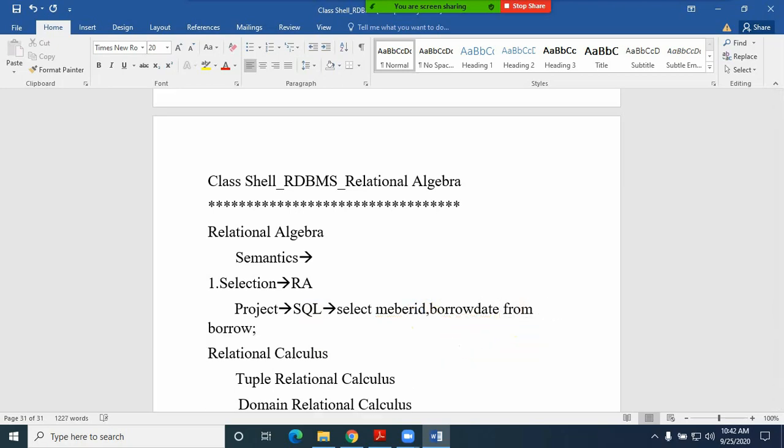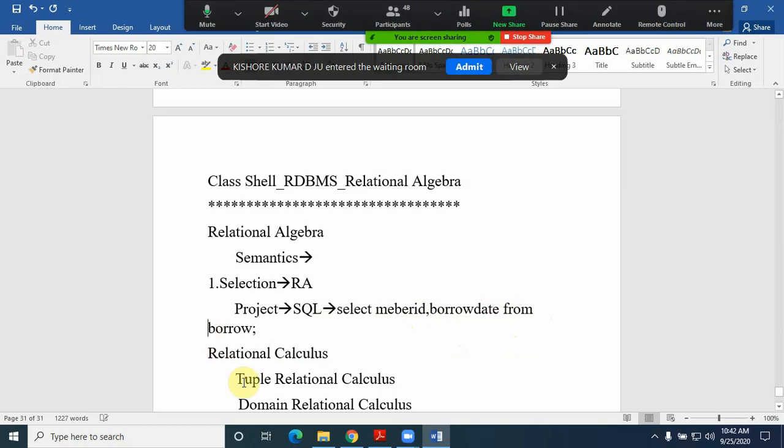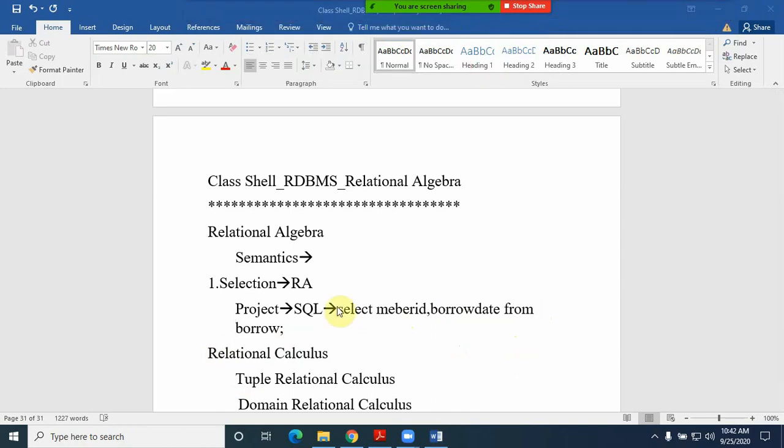Okay, if you observe this query, friends, it says we are selecting only the required columns, only member ID and borrow date. This kind of selection is known as the project operation. So if your select statement is used to identify only a few columns from the set of columns, then you can say that is a projection.